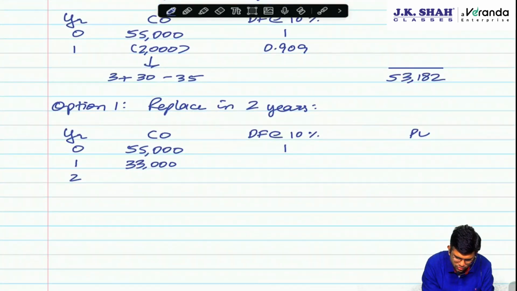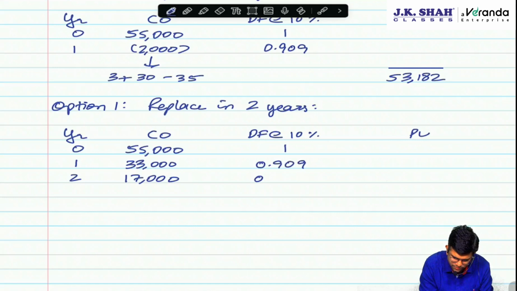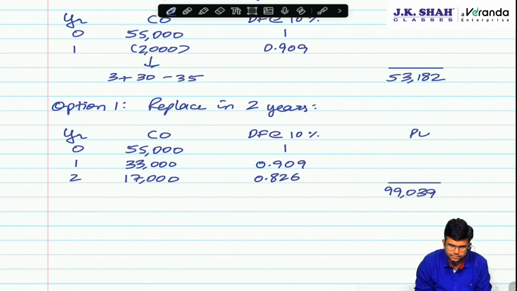I'm asking, year 2 is 17,000 outflow, no? 17,000 outflow. So this is 0.909, this is 0.826, 99,039.